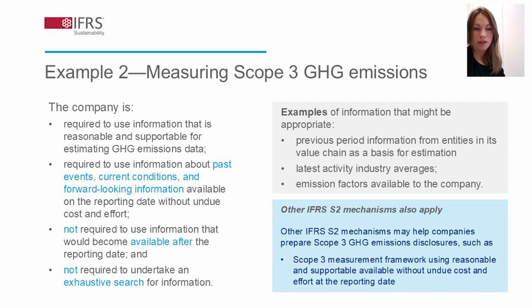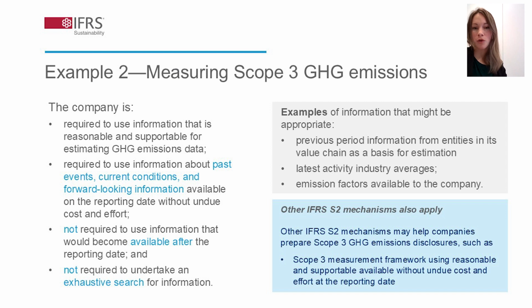To assist companies with measuring their Scope 3 GHG emission, the ISSB also introduced a Scope 3 measurement framework that categorizes and prioritizes the input used to measure the Scope 3 GHG emission. And this includes prioritizing data based on direct measurement and data that has been verified.